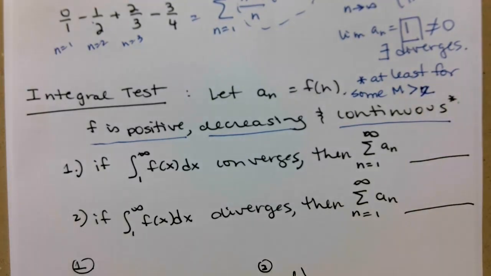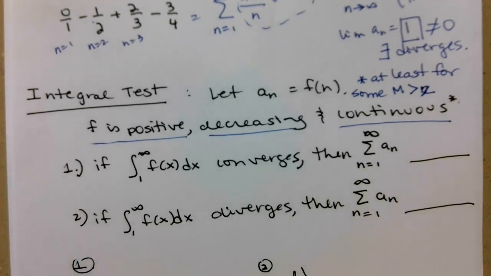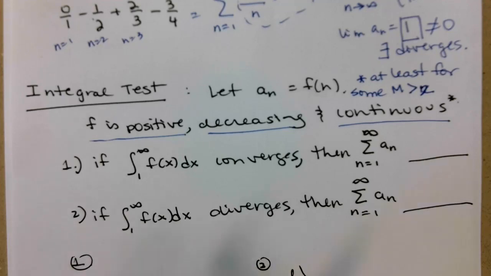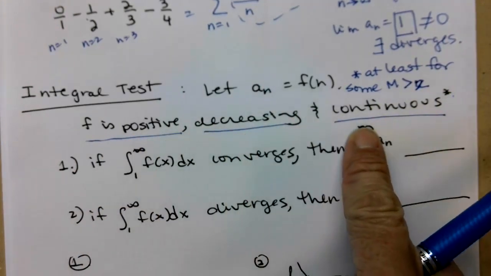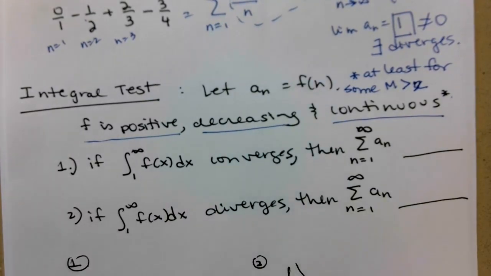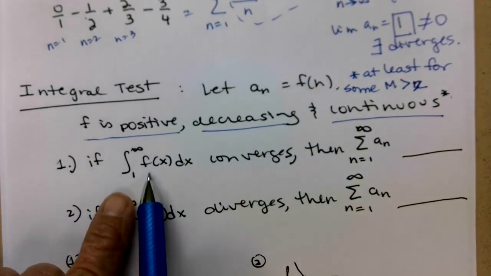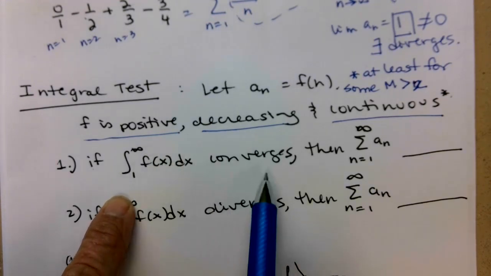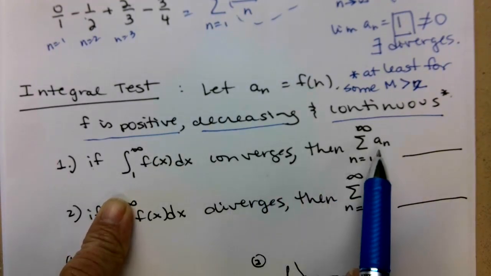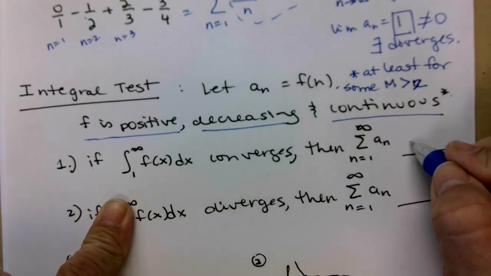So at some point, it doesn't have to be from the get-go, but at some point you're going to get to a place where f behaves in this right manner: positive, decreasing, continuous. Now, if the integral of f of x from 1 to infinity, this improper integral, converges, then the series converges.